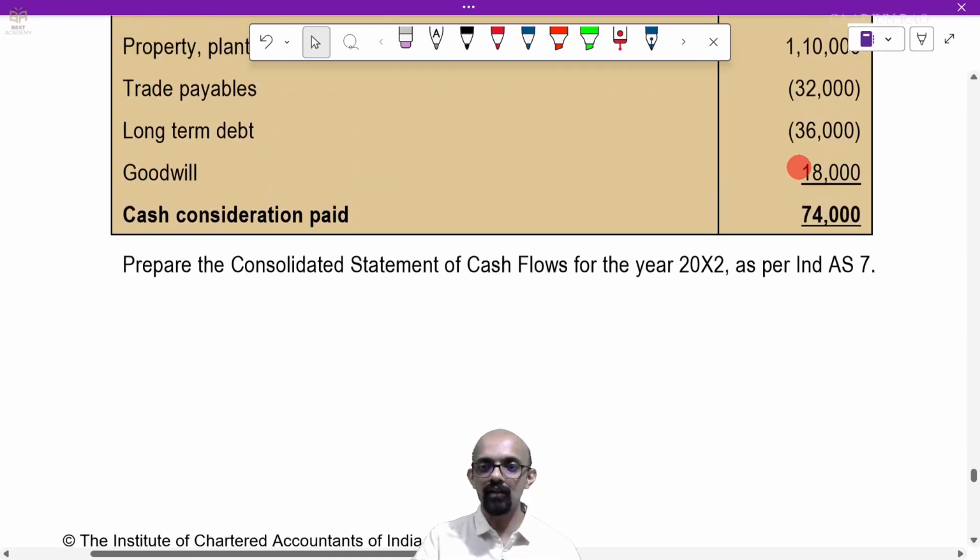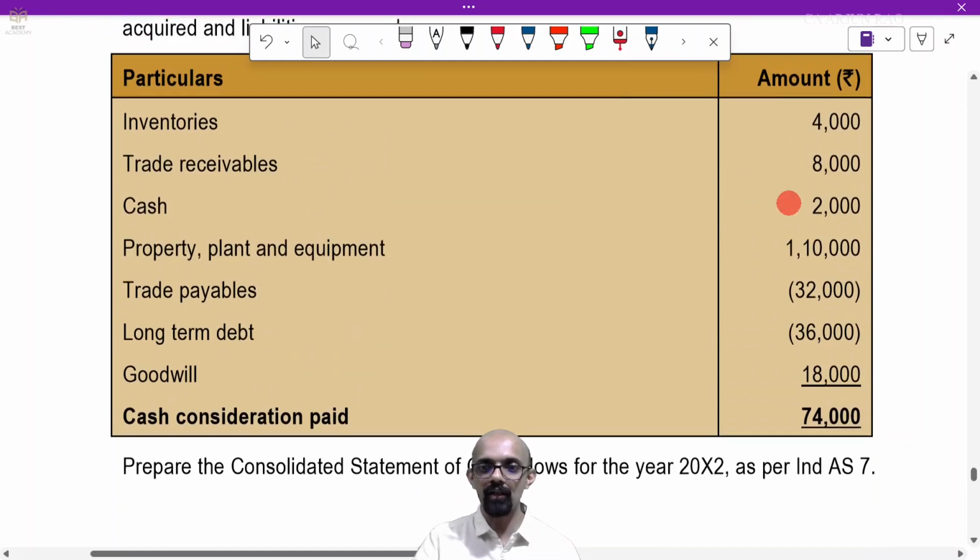So the consideration paid 74,000 net of the cash of the subsidiary recognized, 2, that is 72,000, will be shown in investing. When we prepare the consolidated cash flow statement, all these other net assets are also automatically recognized in investing. So plus 4 inventory, plus 8 trade receivable and so on have already come in investing.